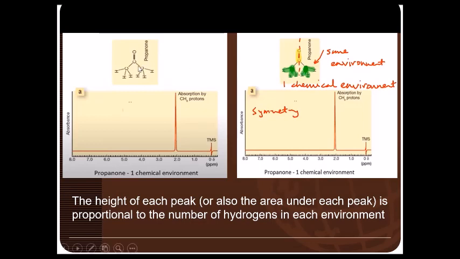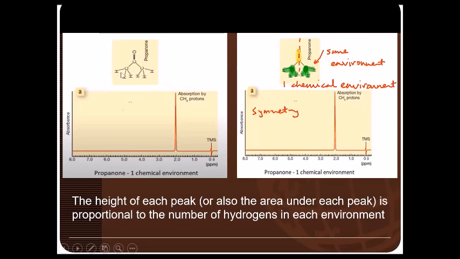Now, if we have a look at the structure of propanone, we've got 2 CH3 groups, 1 here, 1 here. Got it? They're on either side of this carbon-oxygen double bond.